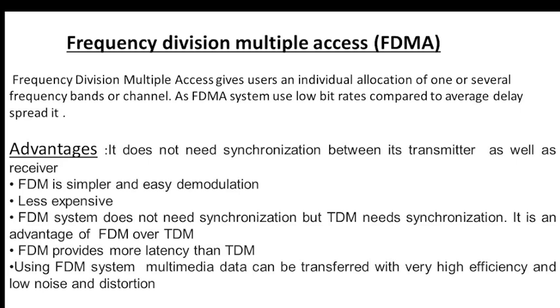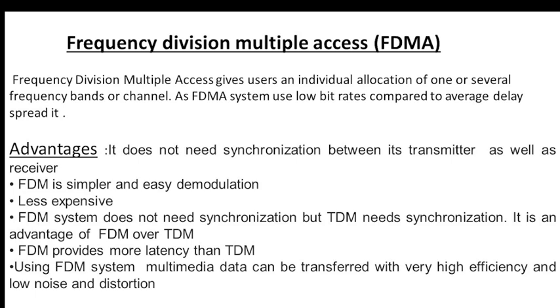FDMA gives users an individual allocation of one or several frequency bands or channels. An FDMA system uses a low bit rate compared to the average delay spread. The advantage of FDMA is that it doesn't need synchronization between the transmitter and the receiver.